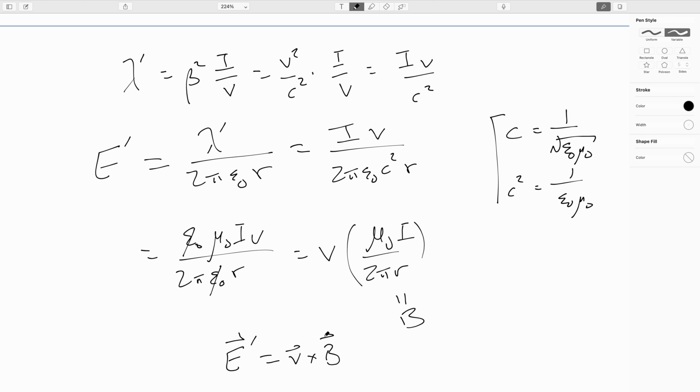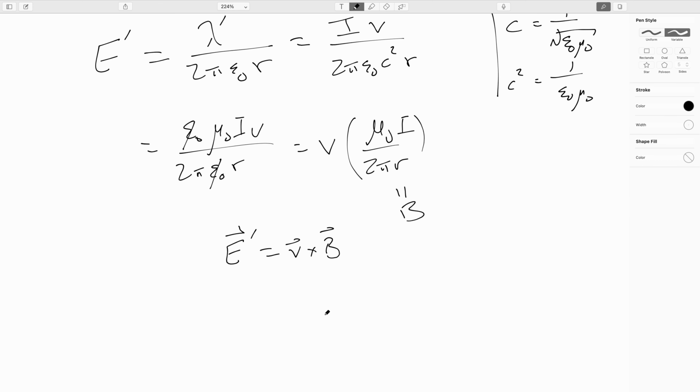It sees an electric field equal to V cross B. And of course there could be some additional electric field as well, just due to stationary charges or something like that.